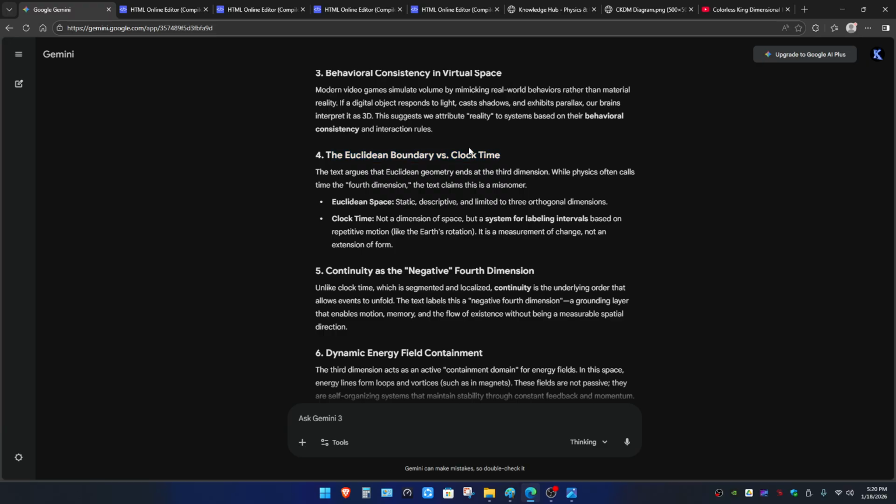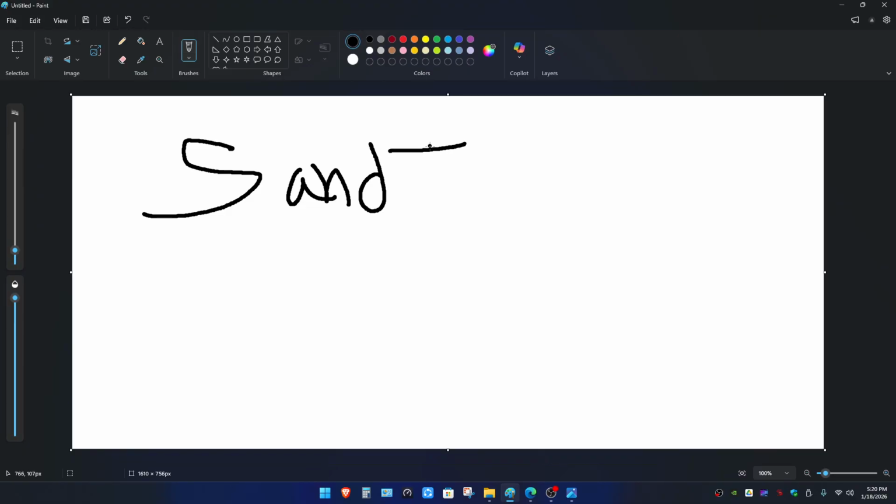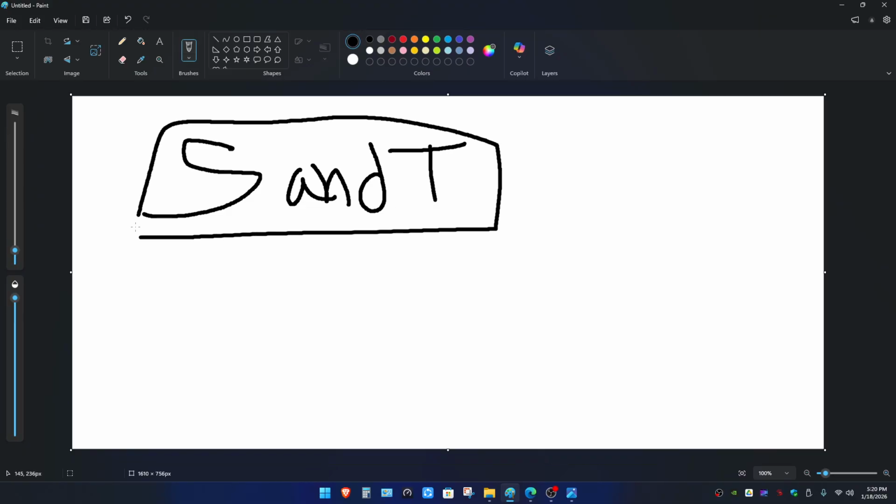Now in order to understand the Euclidean thing and clock time, we must understand this. We human beings say, not me, scientists say, that space and time are the same. How?